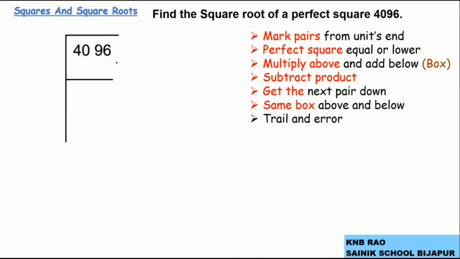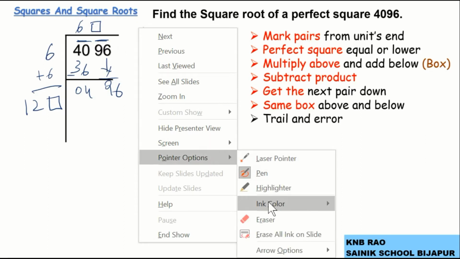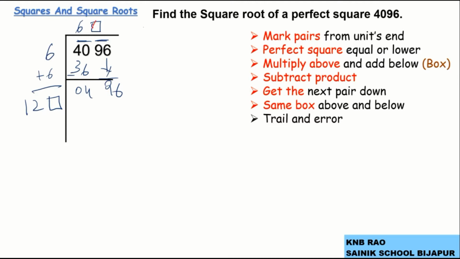Here we have seen an even number of digits, and to find the square root of this 4096, after pairing, after choosing the appropriate perfect square which is equal or less than, and subtracting the product and adding below, we got, taking down the next pair, choosing the next digit 4, 124 4s are 496.